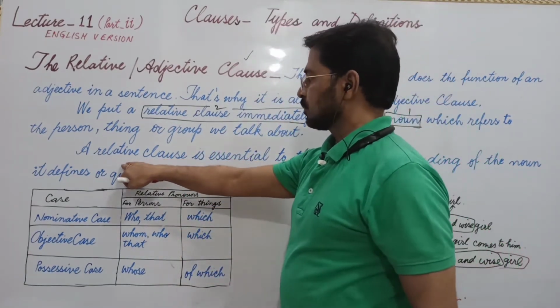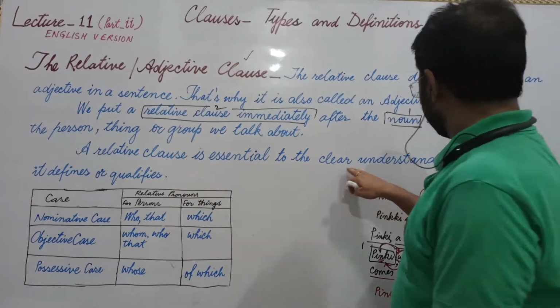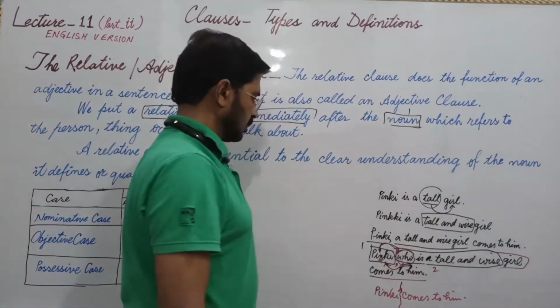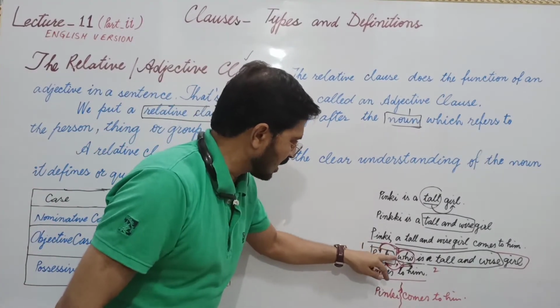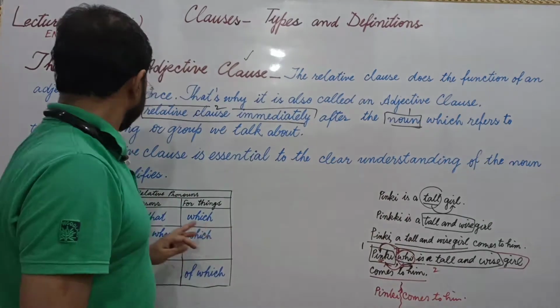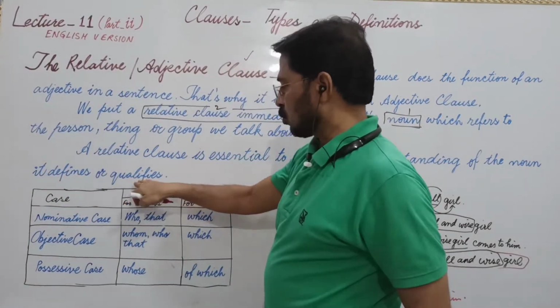Let's see here. A relative clause is essential to the clear understanding of the noun. To the clear understanding of the noun means this is a noun and this is the clear understanding. You can see here, it defines or qualifies.